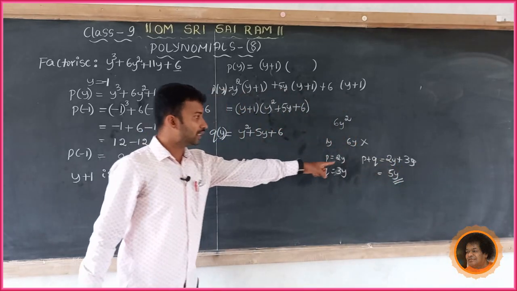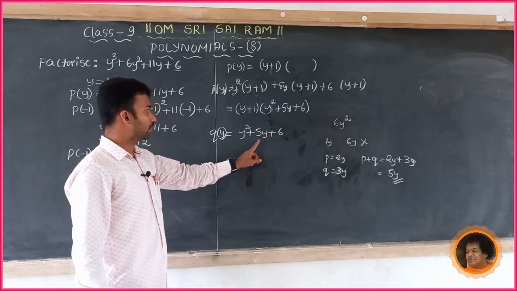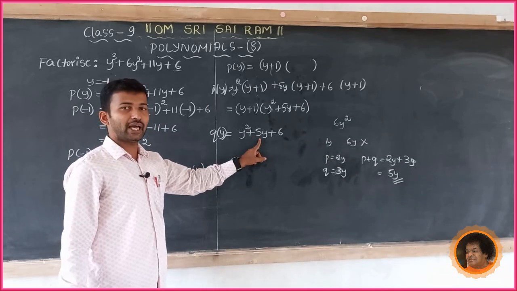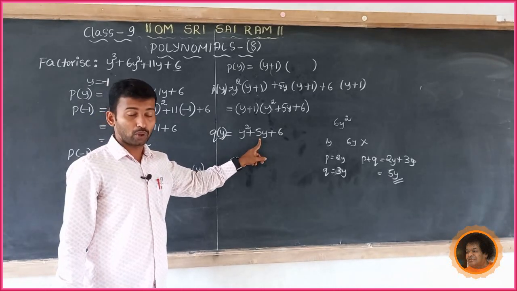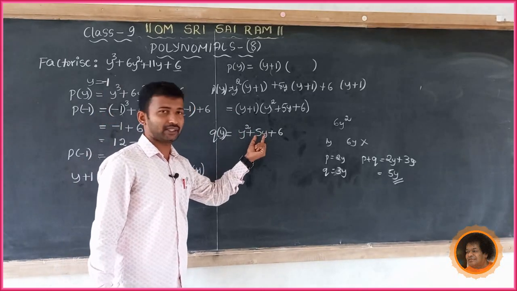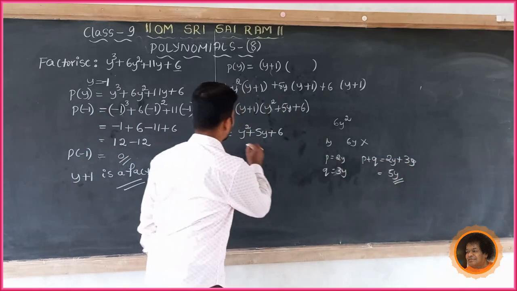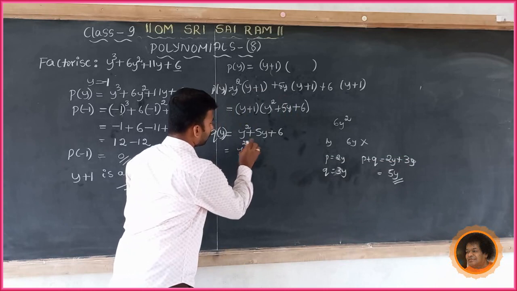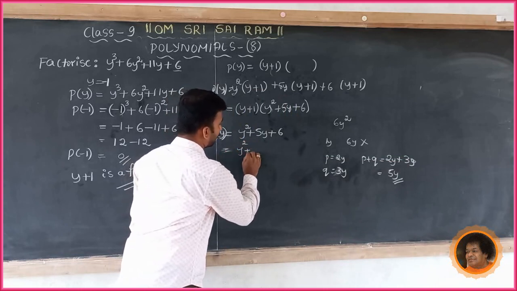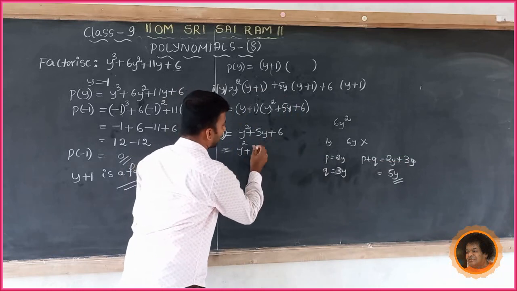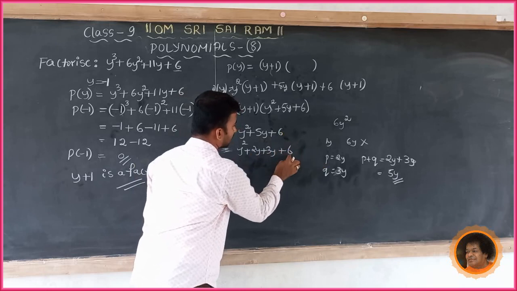So we got the sum p plus q is equal to 5y. We have 5y as the middle term of this quadratic polynomial. So we can split 5y as 2y and 3y. y square plus 5y can be written as y square plus 2y plus 3y, and the last is 6.